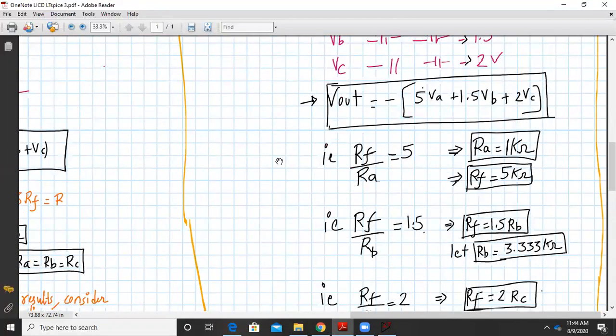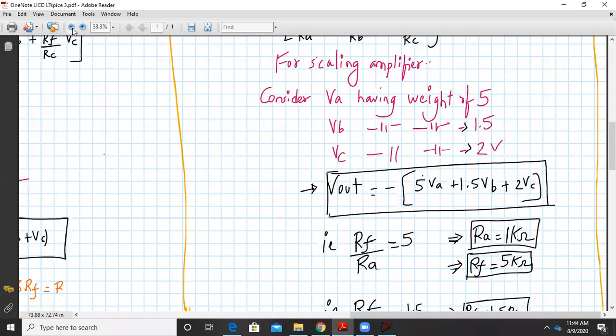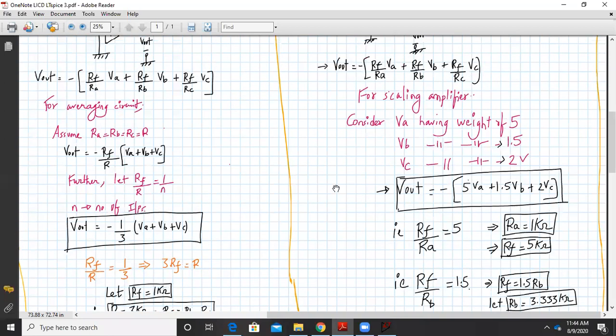So what do we consider? In this expression we have to make the scaling factor of the VA voltage. We will adjust the weight of VA, so RF upon RA as 5.